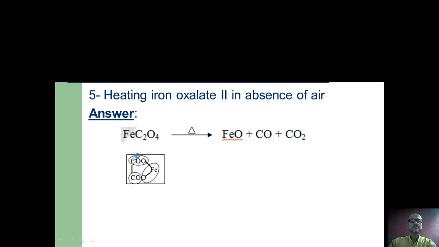Q-Phi is a simple way to never forget this formula. FeC2O4 is iron oxalate 2. But in this method, structurally, you will not forget the products. The products are 3: FeO, CO, and CO2. This equation is very easy and a starting point for some important reactions.